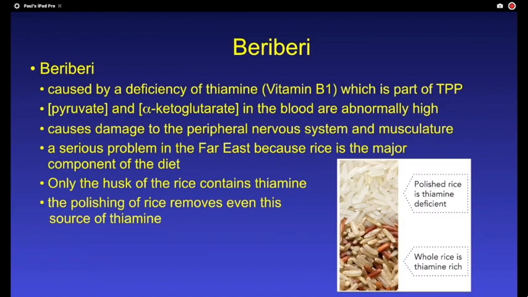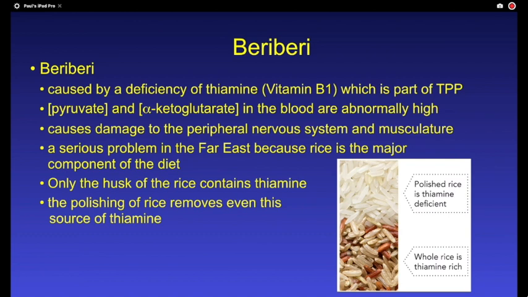Okay, there is a disease that is seen in the production of, or the reactions with, alpha-ketoglutarate and pyruvate. And it lacks vitamin B1. Okay, so if you lack vitamin B1, you cannot make TPP.